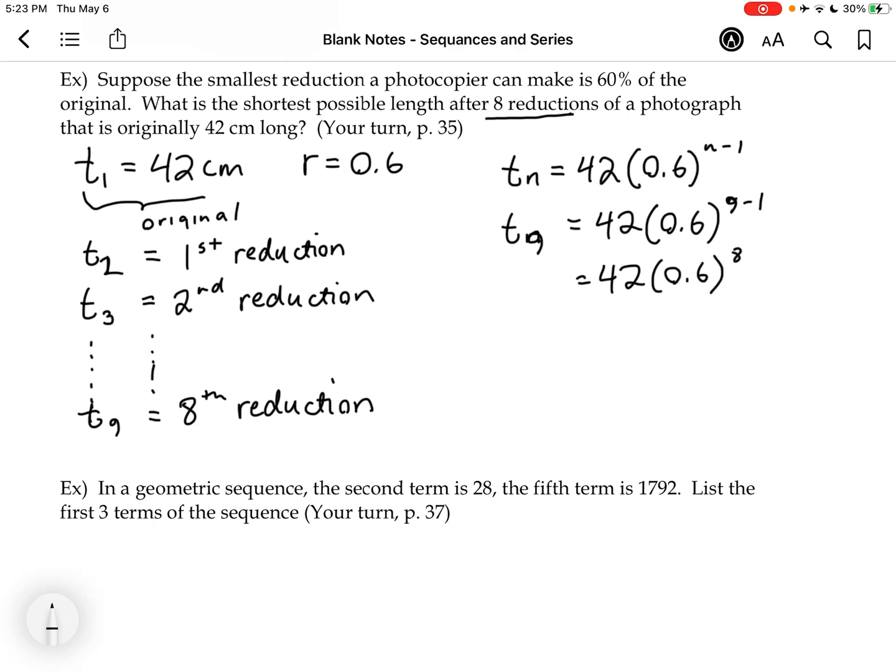I'm just doing that on a calculator, and I get 0.705 centimeters. So that's how big the photograph would be after 8 reductions.